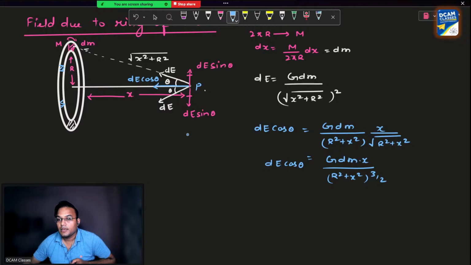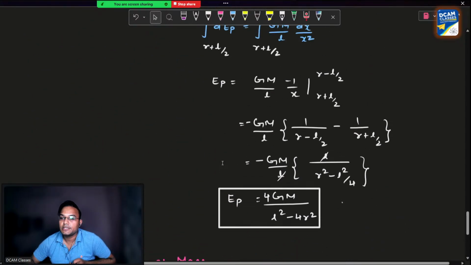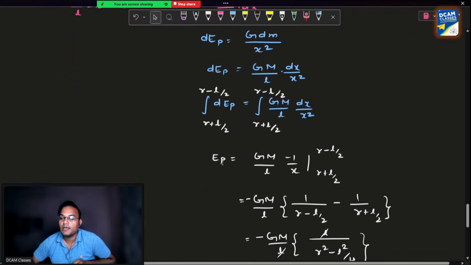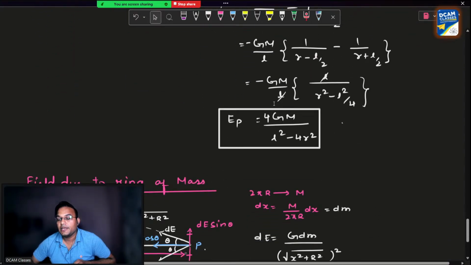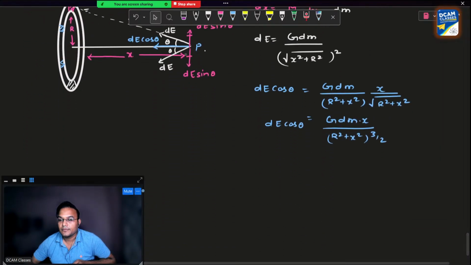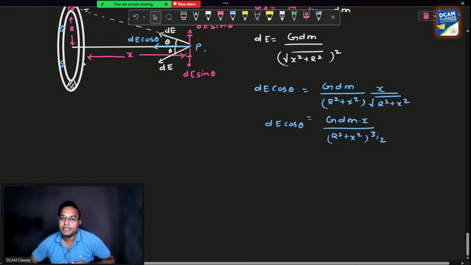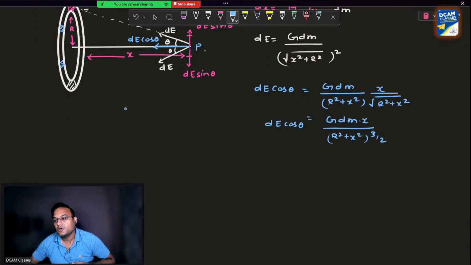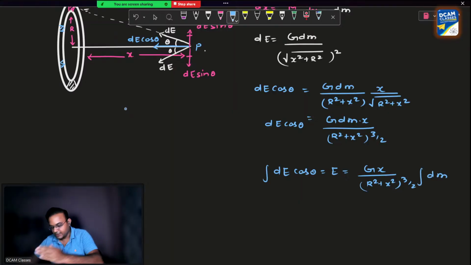Okay. Why do I show these processes? Actually, they give you the formula, but I show the process because sometimes in Advanced, if they change something, like mass density, then you will be stuck. So as I was saying, every element is at the same distance from this point P. So the total field, integrating dE cos theta, which will be E, is g x by r square plus x square whole power 3 by 2 times integral dm, and integral dm means adding up all the masses, which gives us the total mass.